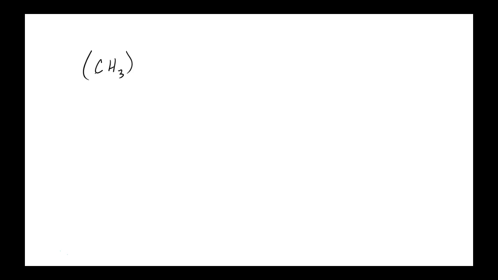Well, this is sort of an organic one. This is a methyl group, okay? And you have 3 of those attached to a carbon and then also a chlorine, okay? And this is going to react with sodium hydroxide, okay? And this is going to produce CH3, that's the methyl group.